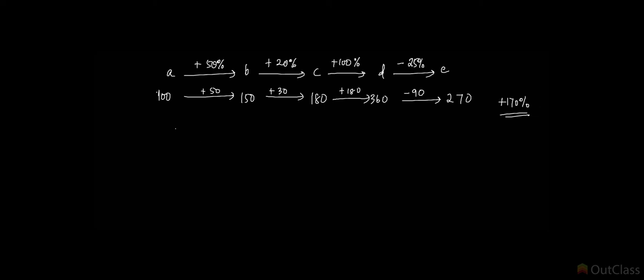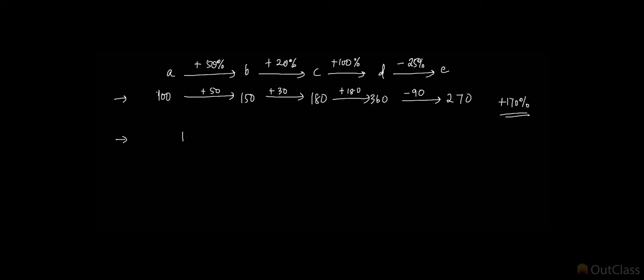Now, what else can you do? You can simply convert these numbers, which are all percentage more and percentage less. B is 50% more than A, C is 20% more than B, D is 100% more than C, and so on. You want to convert each of them into percentage of.